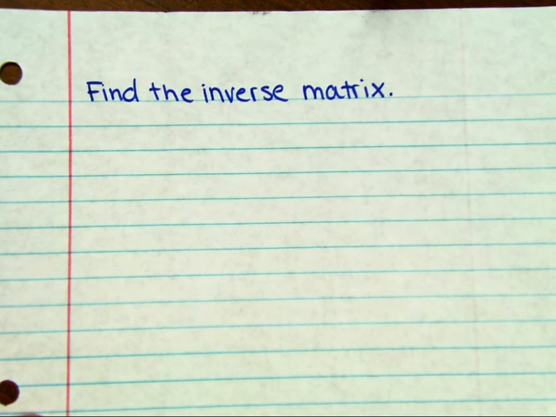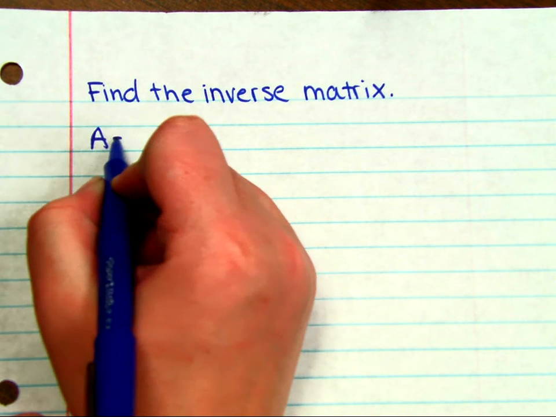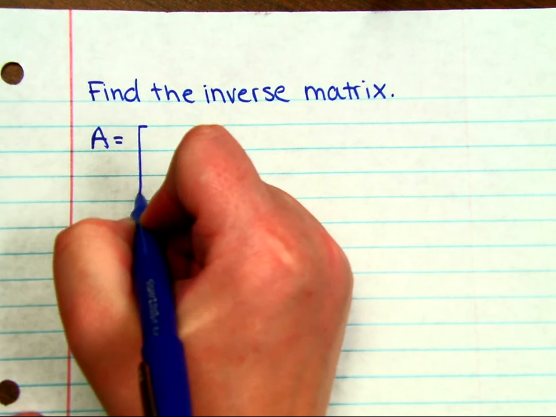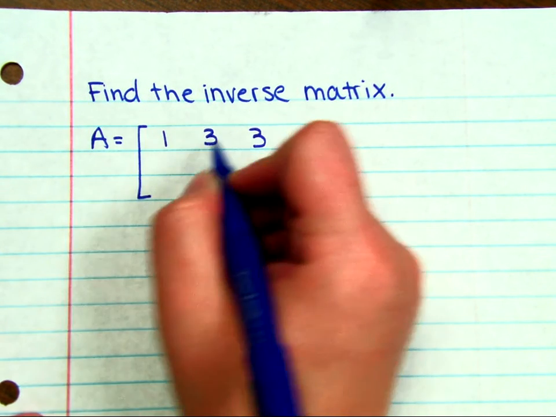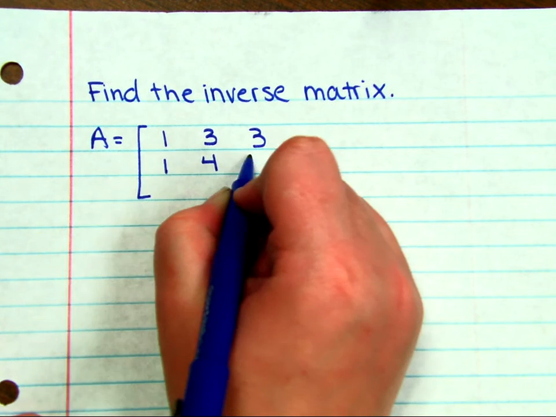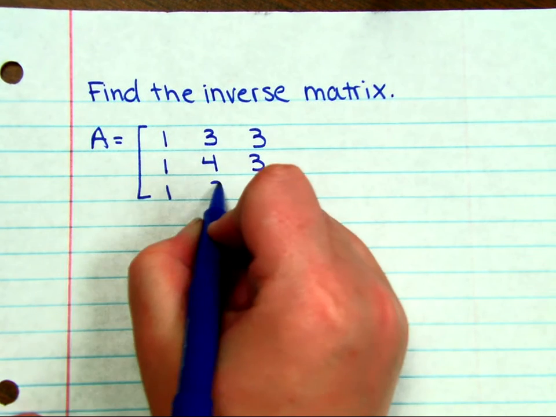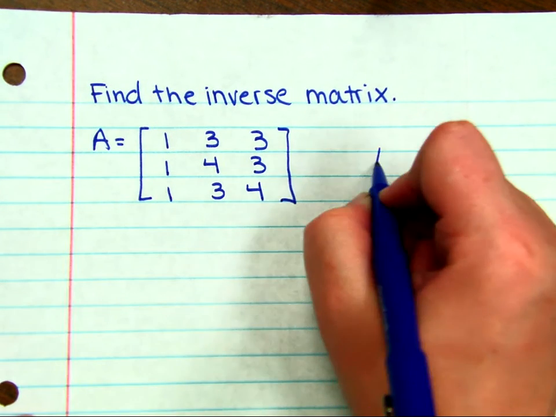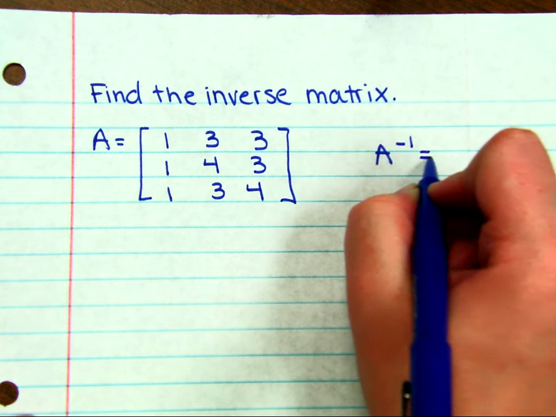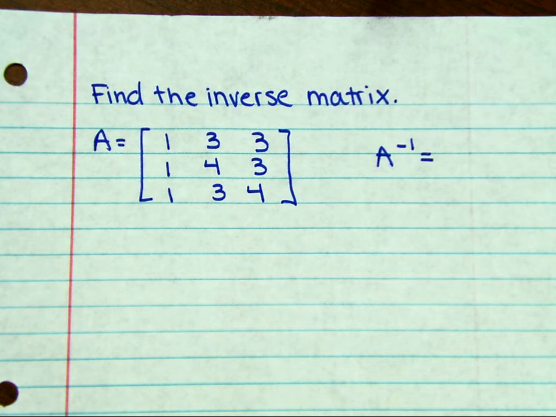So let's find the inverse if A is the matrix 1, 3, 3, 1, 4, 3, 1, 3, 4. And we are looking for A to the negative 1. That's our ultimate goal.